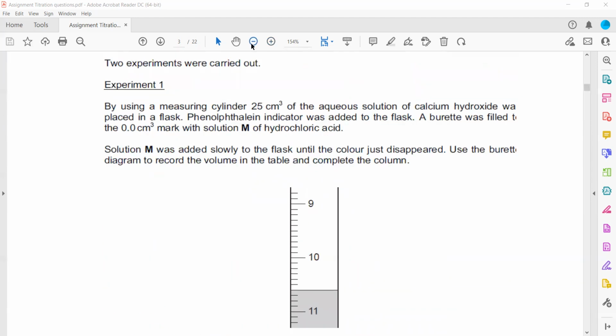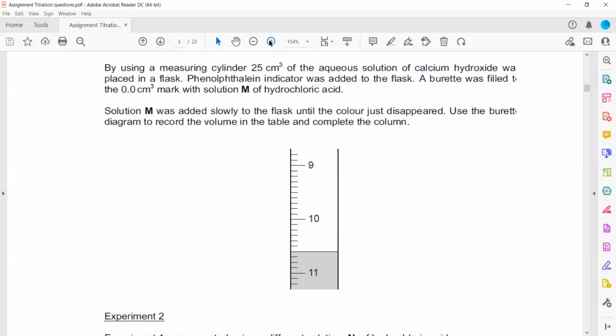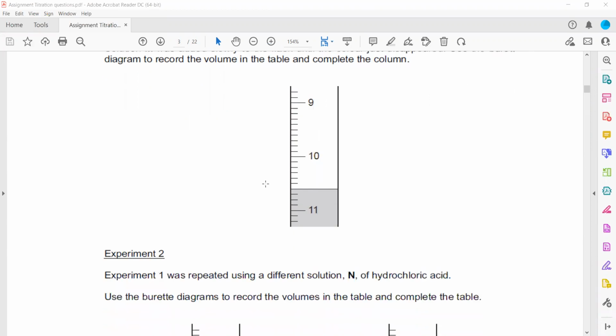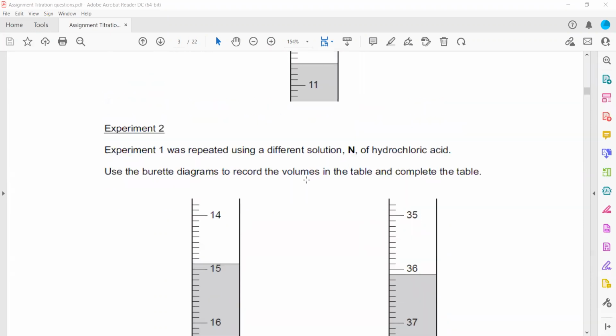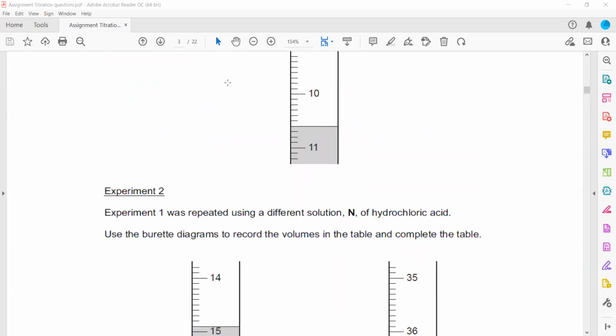So remember this technique: whenever the top number is small and the bottom is big, we read from top, always from small to big. So here the burette reading is 10.6.